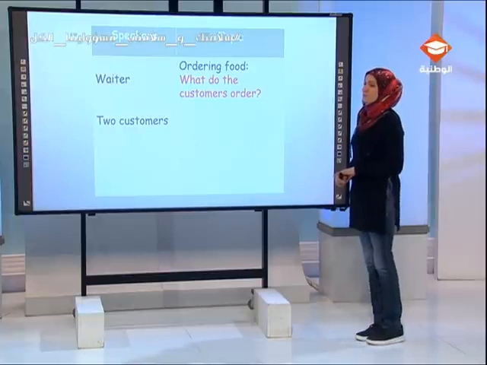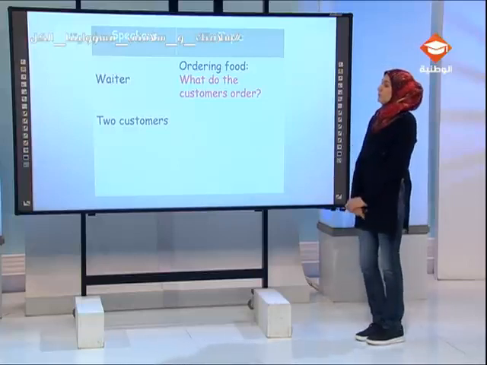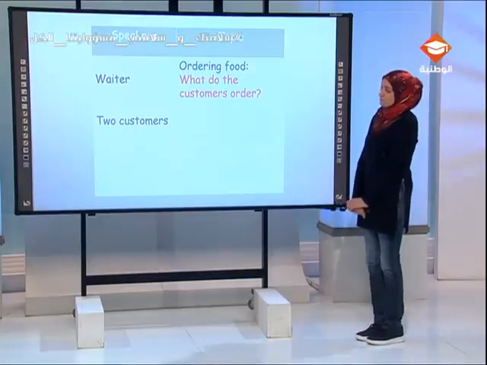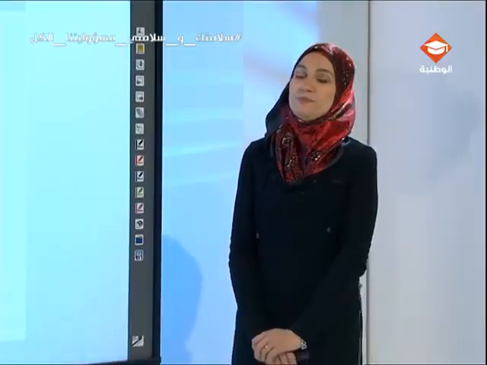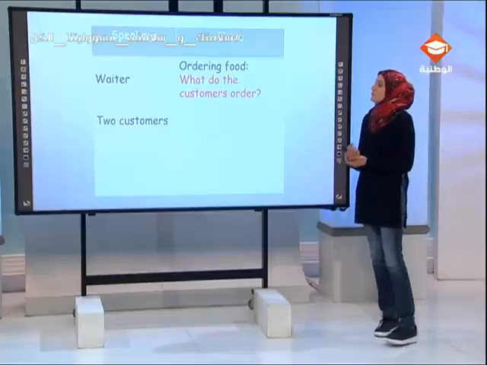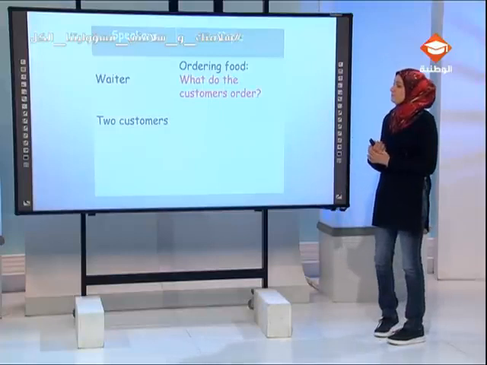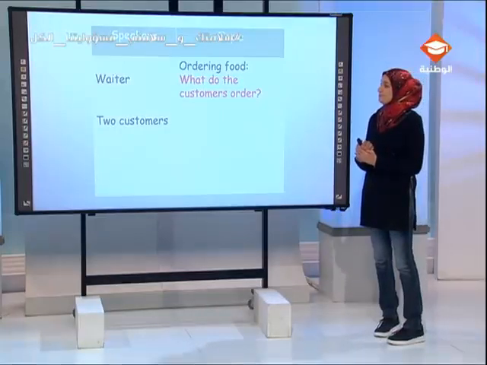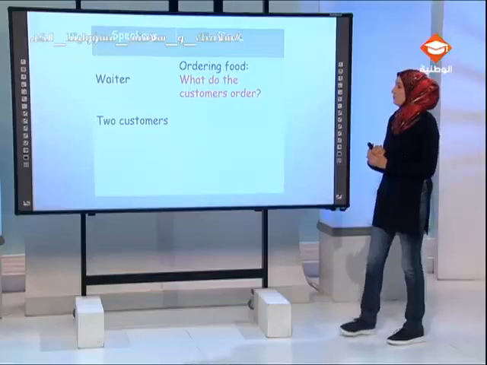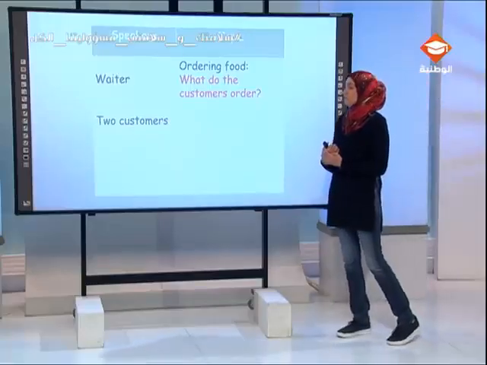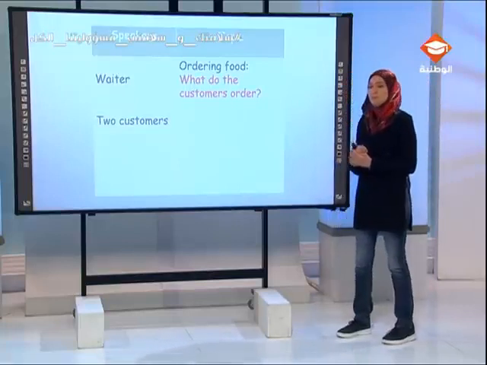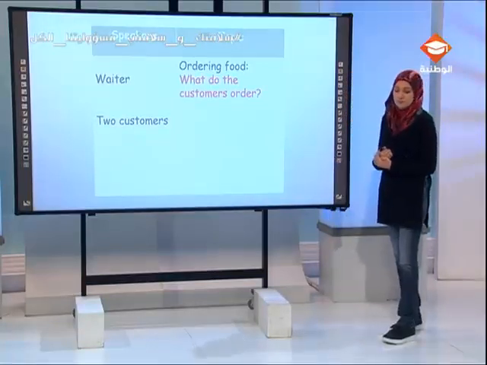I'm not sure. I don't know whether to have the steak or Thai chicken. Oh, I'd like the Thai chicken and rice, please. Oh, okay. Me too. So, that's 2 Thai chicken and rice. What would you like to drink? I'll have a fresh orange juice and... I'd like some mineral water, please. Okay, thank you.